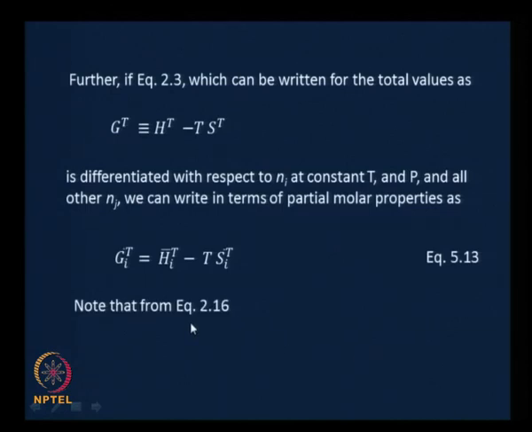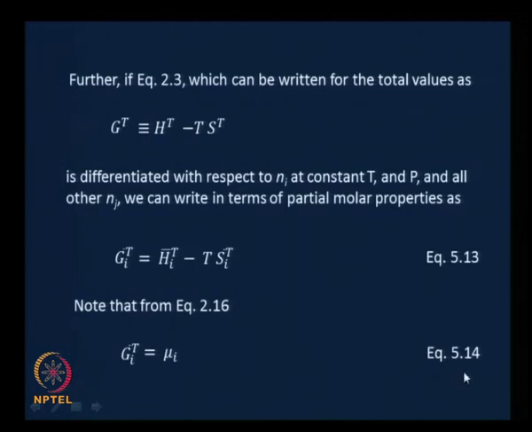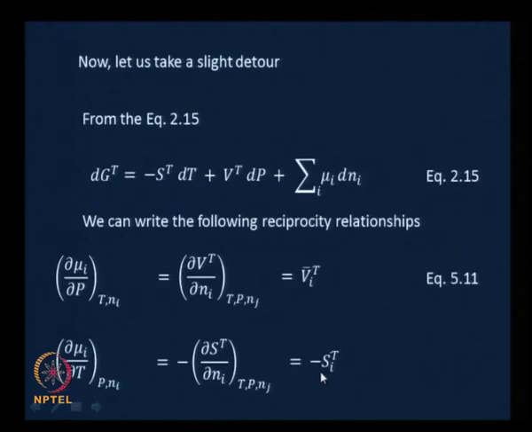From equation 216 we get G_i^t hash equals μ_i, the partial molar property with respect to a single mole. Therefore, from equations 514 and 512, 514 is this, G_i^t hash equals μ_i, and 512 was this, which we obtained from the reciprocity relationship.